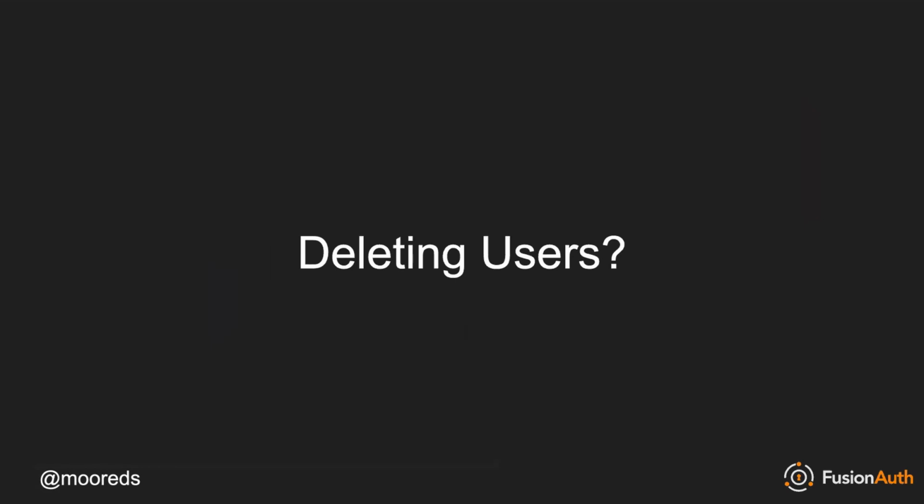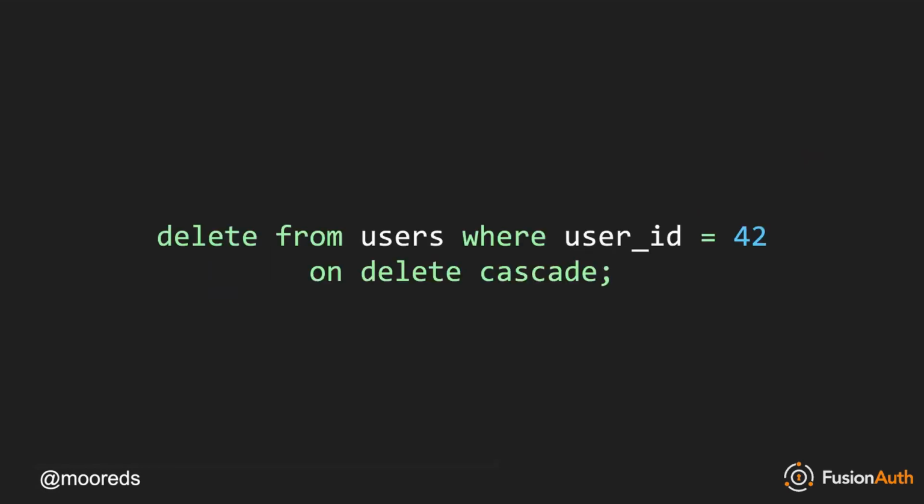So now I'm going to talk about things that are not directly related to JWTs, but are something you want to think about if you're building a system that's going to use JWTs. So the first thing you want to think about is deleting users. If you were in a monolithic application, you might use onDelete cascade, which would basically delete all the rows of any tables that have foreign keys into users.